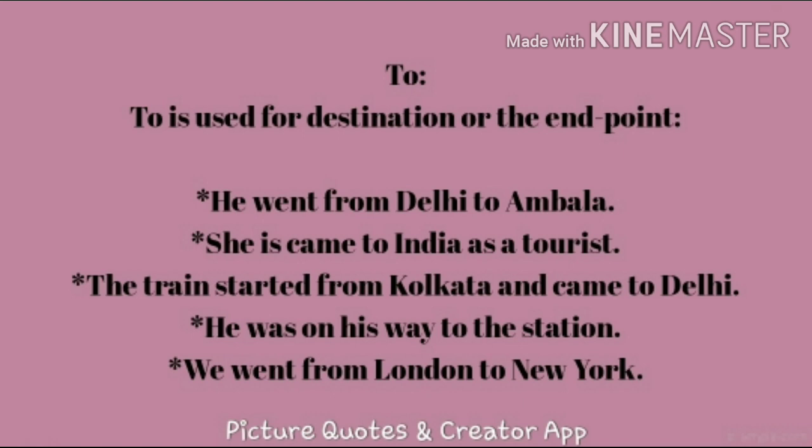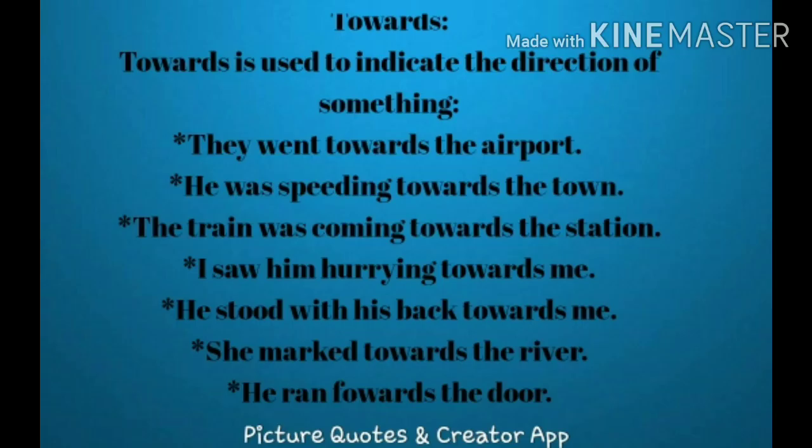Finally, we went from London to New York. The journey started from London and the end point is New York. So the point here is you have to use to in front of a destination or the end point.